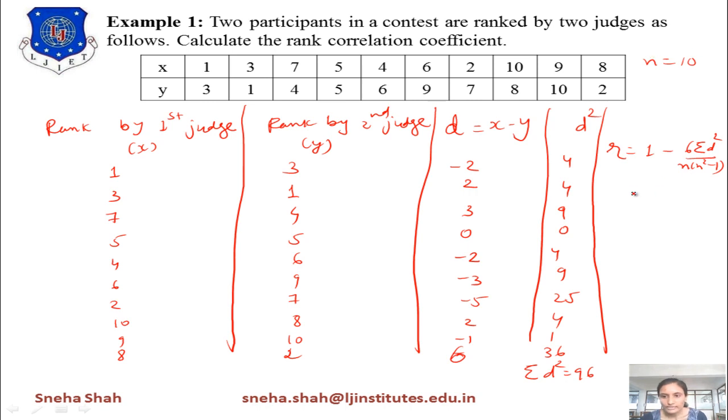If we put in all the values, it gives 1 minus 6 into 96 upon 10 into 10 square, that is 100, minus 1. Simplifying this, the answer equals 0.418. So this is the rank correlation coefficient, and this way we can find the rank correlation coefficient.